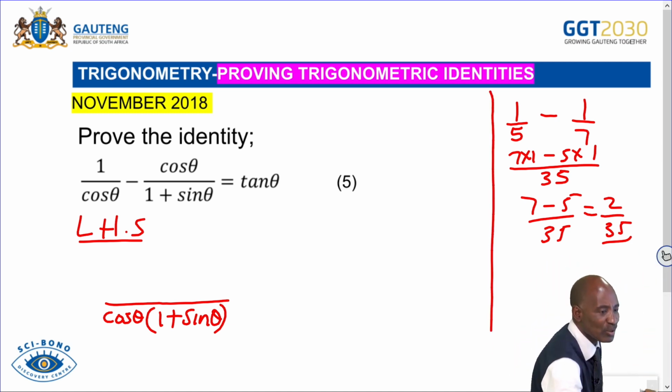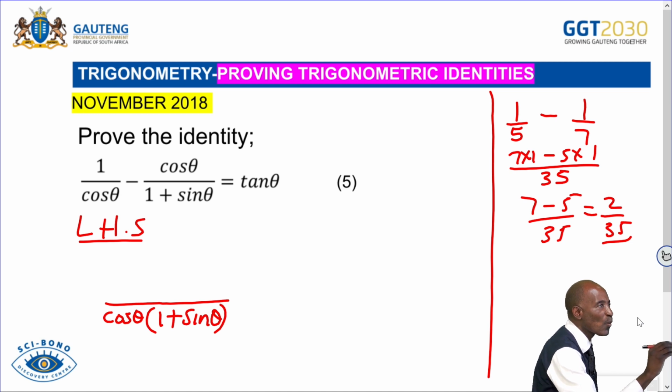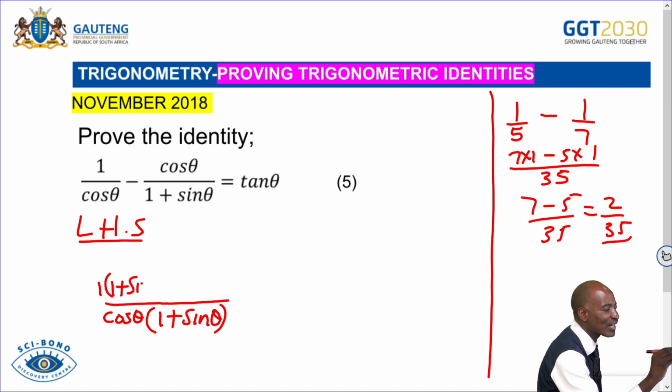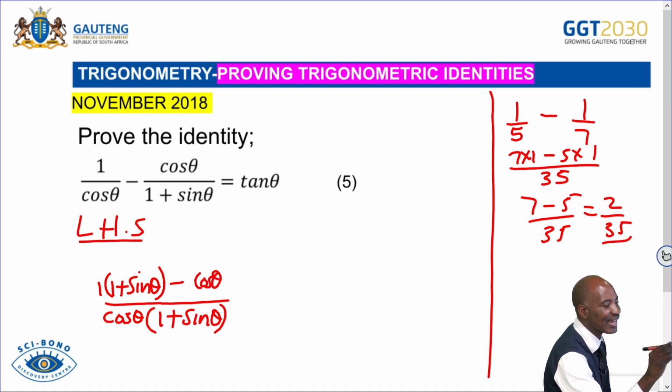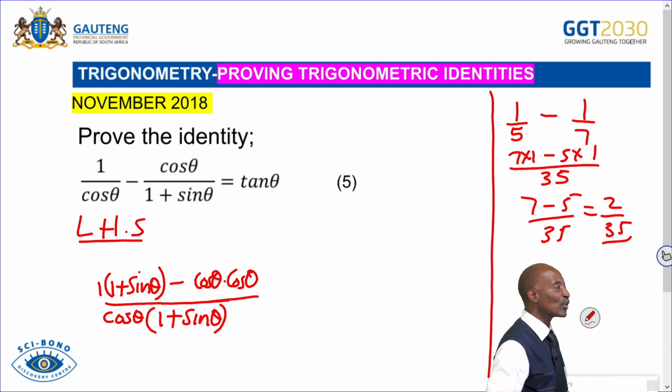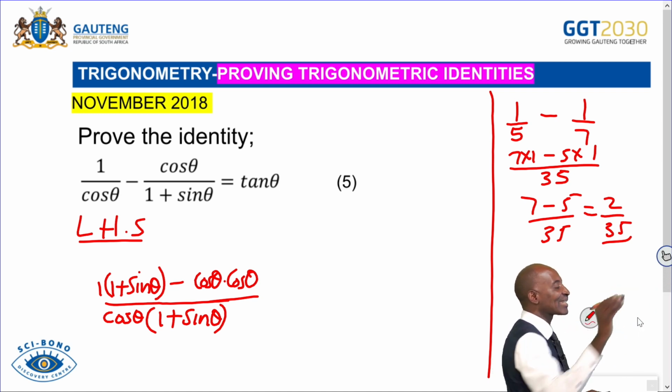Right, let's proceed. Here I'm going to cross multiply. It's going to be 1 times 1 plus sine theta, you always start with that diagonal, minus cos theta times cos theta. When you use this approach, you just multiply this diagonal times the other diagonal.